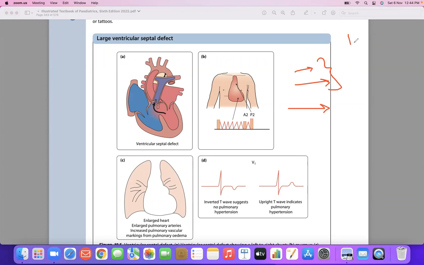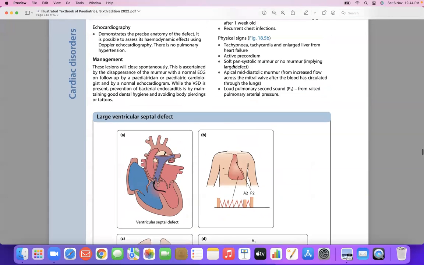At 5 weeks of age, the child presented with heart failure. She was maintained with anti-failure treatment, and at 18 months it closed. But for large VSD, you will not wait, you have to correct it, otherwise the child may go into Eisenmenger syndrome.